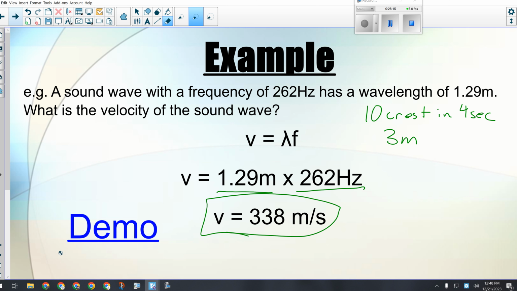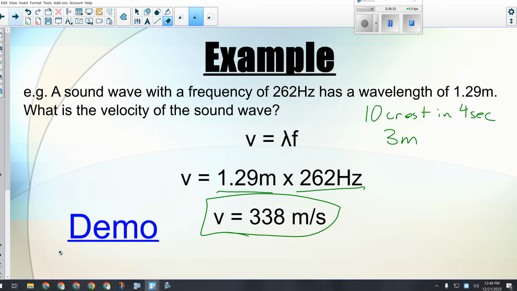What's the speed of the waves? Did I give you all the parts of that formula?